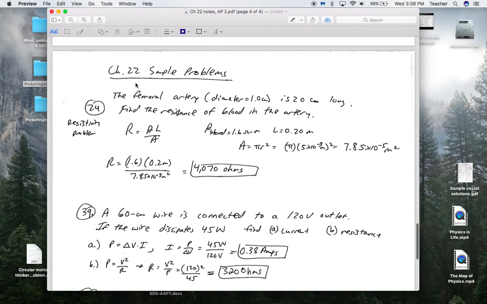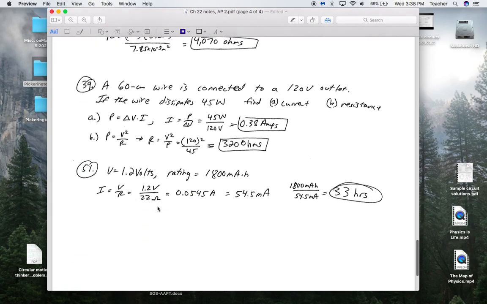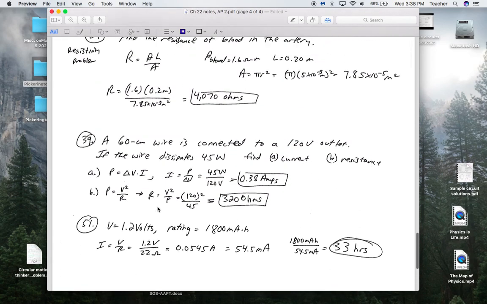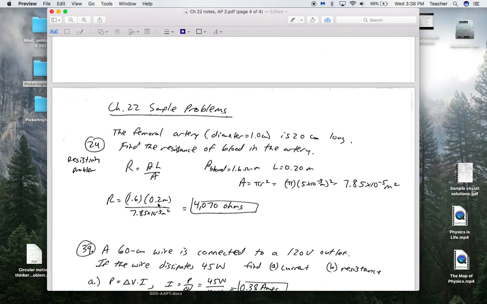So this example is a few problems in the back of the chapter, which I'm going to just go through. We'll deal with more circuit problems with chapter 23. Problem 24 said the femoral artery, which has a diameter of 1 centimeter, is 2 centimeters long. Find the resistance of the blood in the artery. Well, we go back to the resistivity formula, and in this chapter, they tell you the resistivity of blood, which is 1.6 ohm meters.